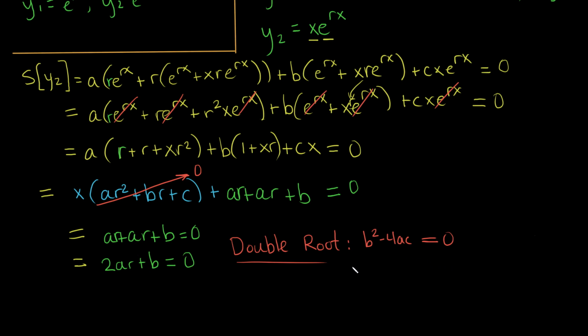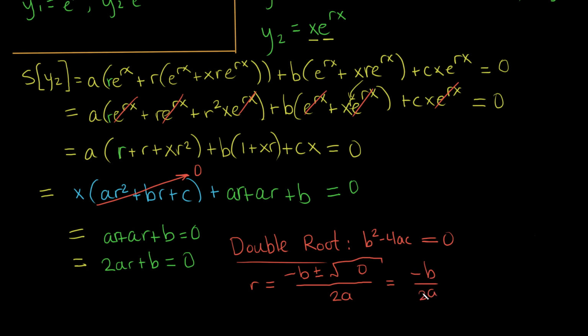So if we look back to r's form, r is equal to negative b plus or minus the square root of, well, this is all just 0, divided by 2a. If this plus or minus is just for a 0, we can just get rid of it. We get minus b over 2a.